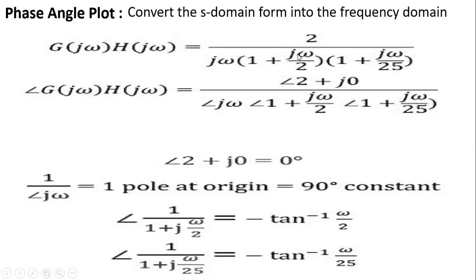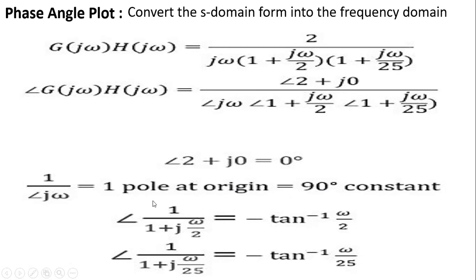Okay. So now here, for constant 2 plus j0, the angle is equal to 0 degrees. So 1 by angle j omega is equal to 1 pole at origin, that is 90 degrees constant. So the angle of 1 by 1 plus j omega by 2 is minus tan inverse of omega by 2, and this becomes minus tan inverse of omega by 25.